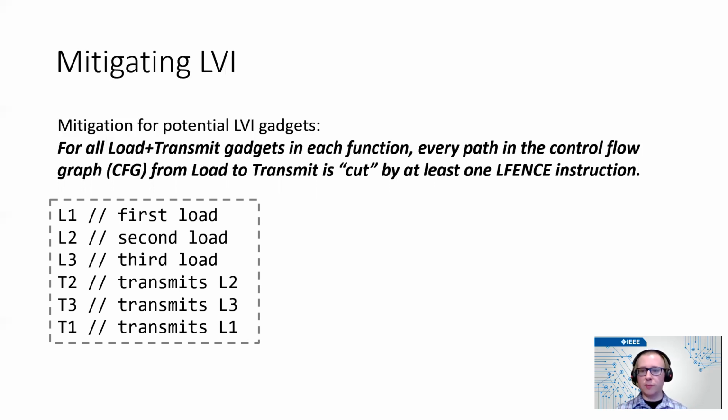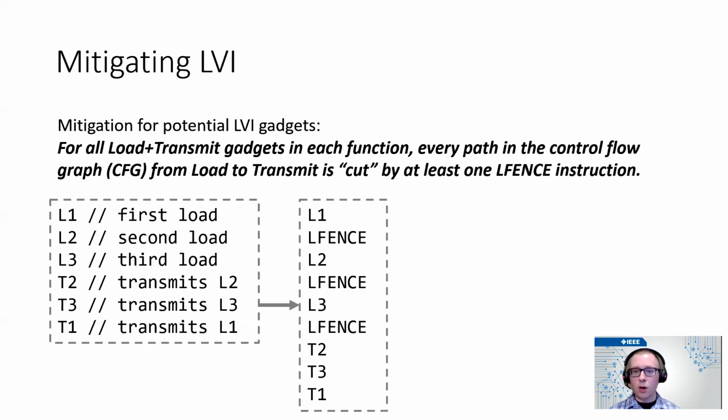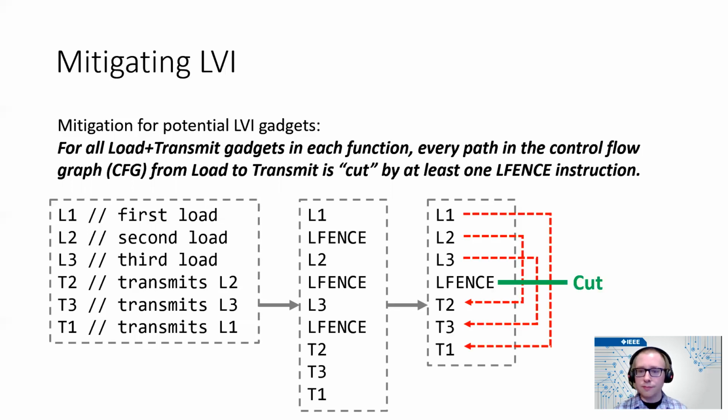T2 would be a transmitter that transmits the value loaded by L2, etc. So a naive approach would be to place an LFENCE after every load, or alternatively before every transmitter. But plainly, in this particular example, it suffices to put just a single LFENCE after the third load.